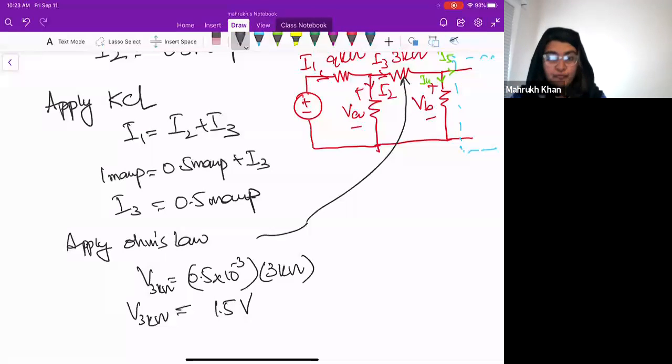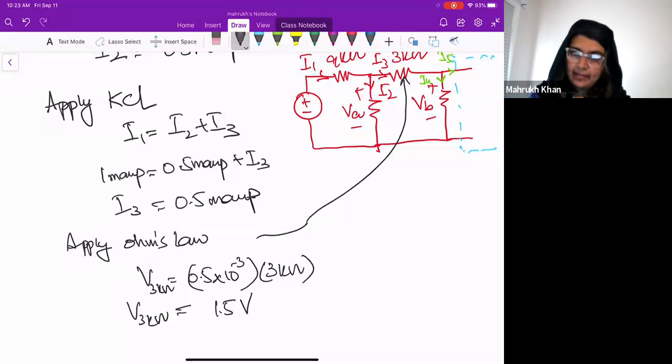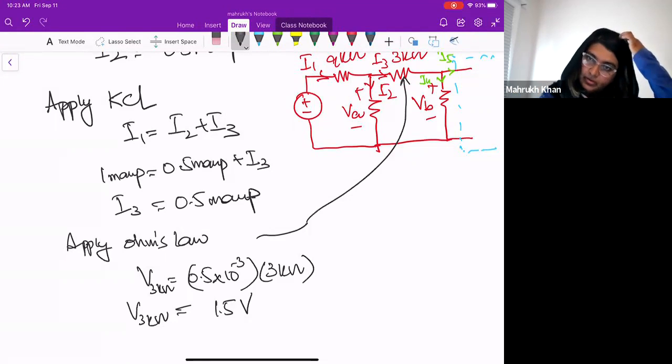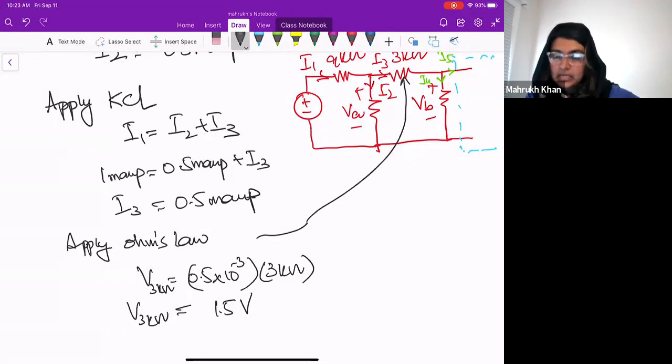So if I move further, I will do the same, right? I will try to find VB, and I will try to find I4 and I5, right? So VB, how can I find out? I know I3. I don't know I4 and I5.